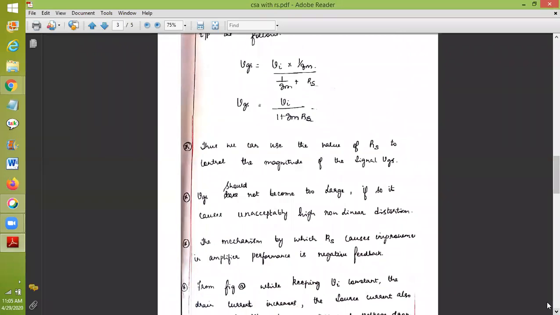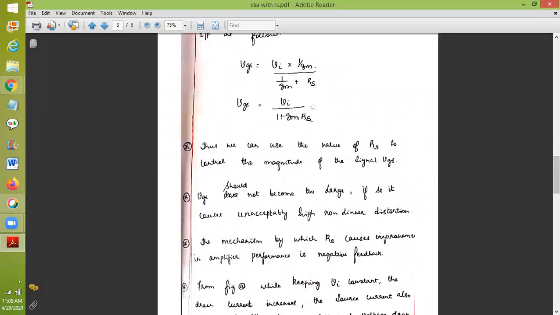Thus we can use the value of Rs to control the magnitude of VGS. Look at how Rs and VGS are related. The Rs term is in the denominator and VGS is in the numerator, so VGS and Rs are inversely proportional. By changing the value of Rs, we can control the magnitude of VGS.